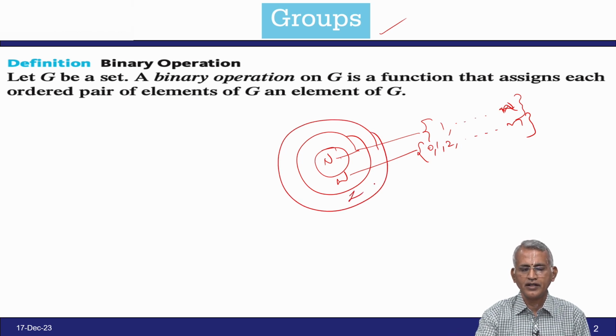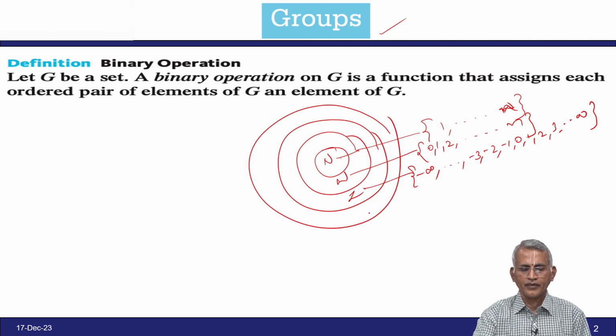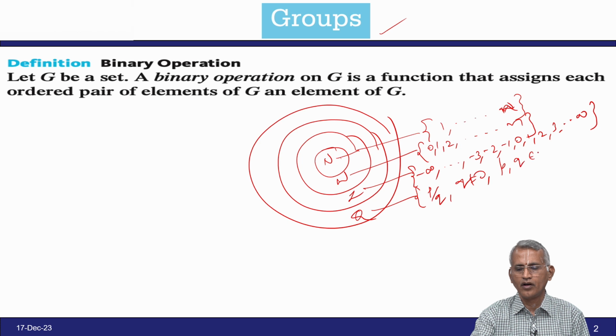Then we have integers, starting from minus infinity and so on, minus 3, minus 2, minus 1, 0, 1, 2, 3 and so on to infinity, followed by rationals. It is in the form p by q, where q is not equal to 0, and p and q are co-prime integers.